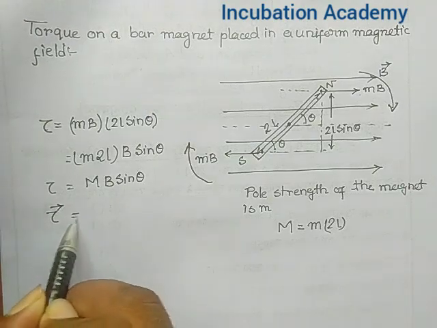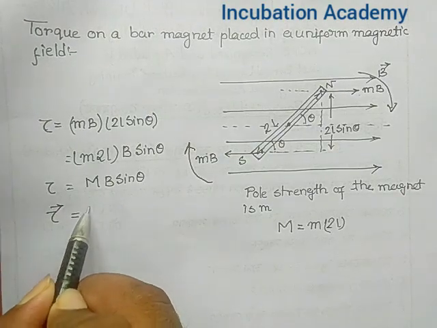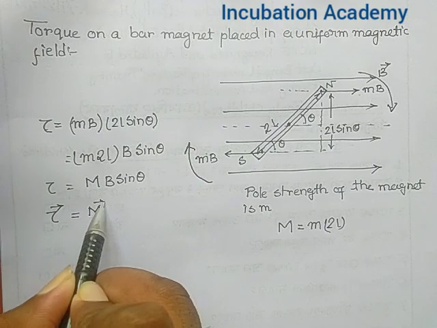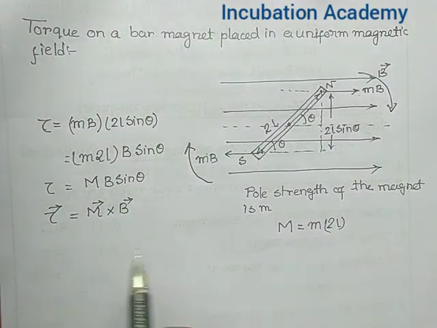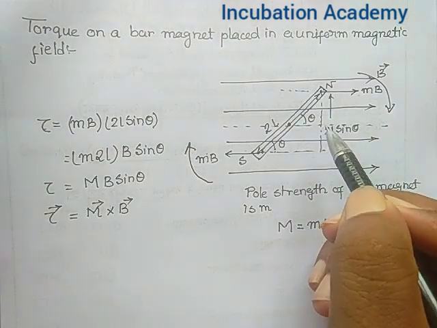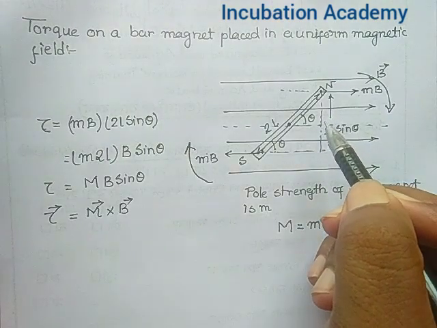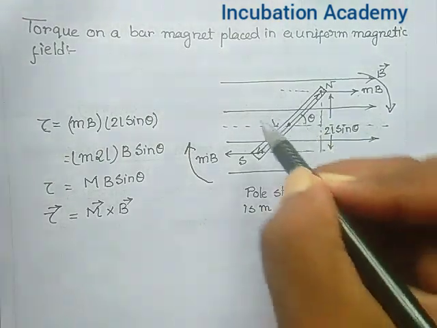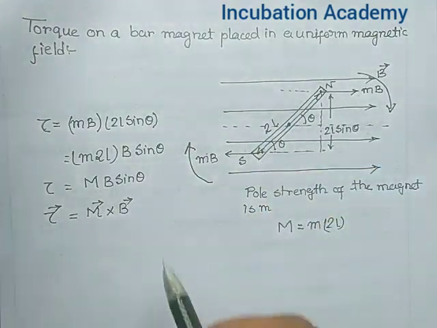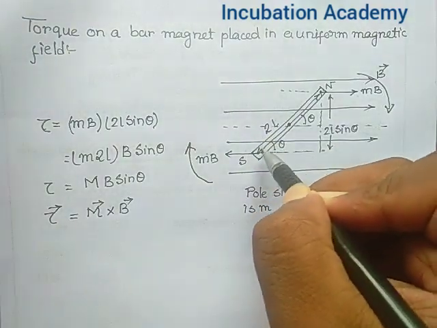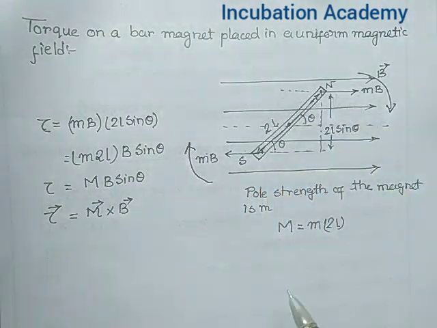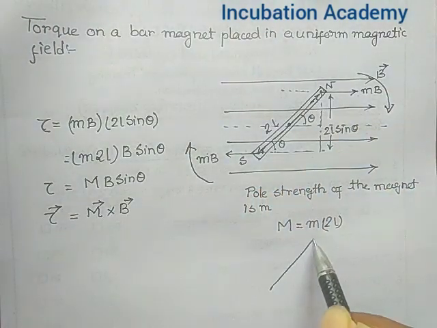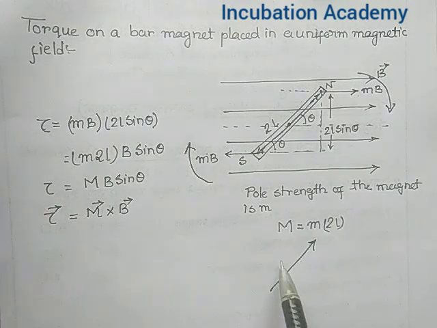But if I want the vector expression, then the torque, that is the tau vector, should be equal to M cross B vector. The magnetic moment is in which direction? That is from south to north. We can say the magnetic moment is from here to here, that is the direction of the magnetic moment.